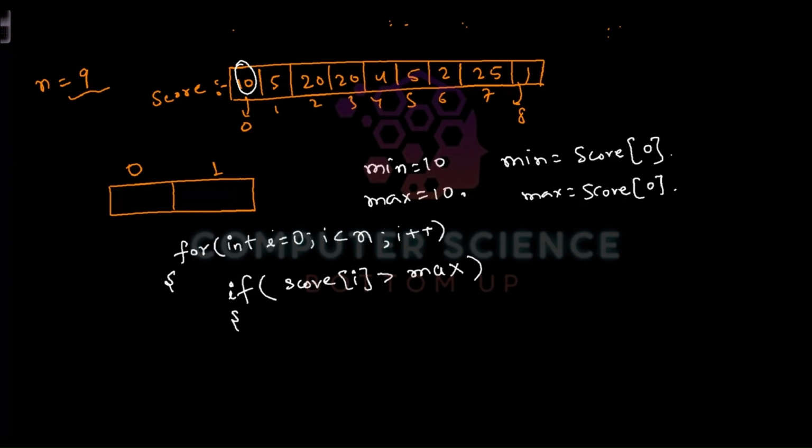First of all, we are supposed to update our max to score of i. Also we are supposed to increment our count of the number of times she has broken the maximum score. So let me take that as break max.